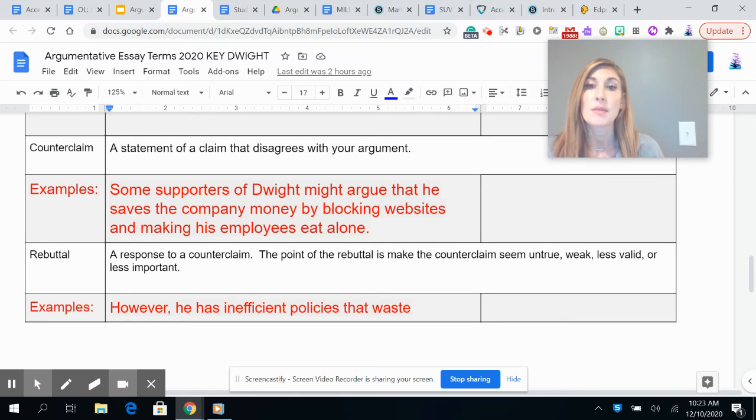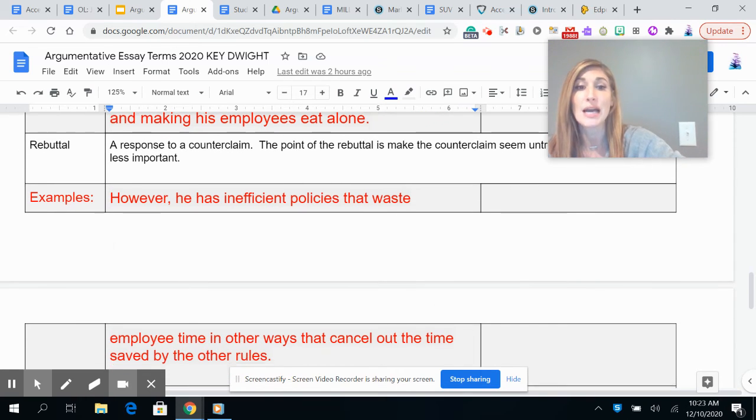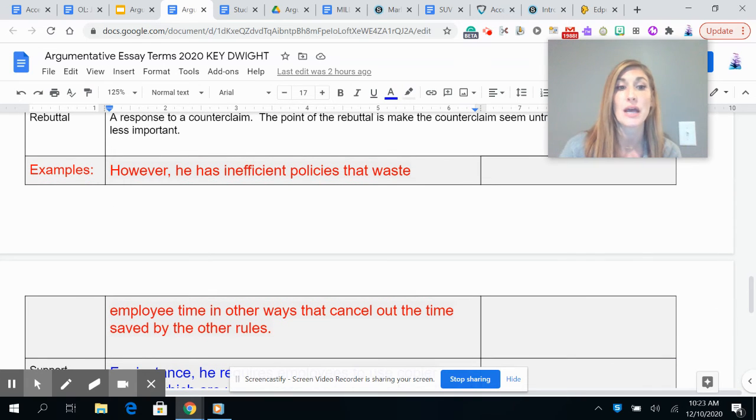And the point of the rebuttal is to make the counterclaim seem untrue, weak, less valid, or less important. So my rebuttal is, however, he has inefficient policies that waste employee time in other ways that cancel out the time saved by the other rules.